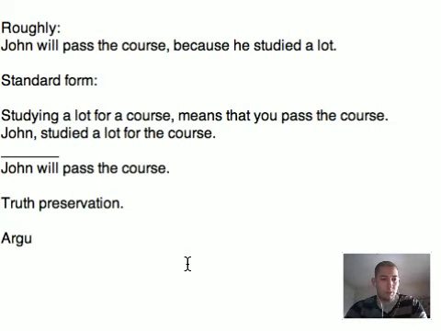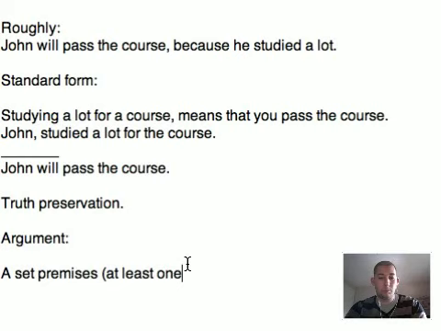So what is an argument? An argument is a set of premises, at least having one or more, but typically they have two premises, and a conclusion that is supported by the premises.